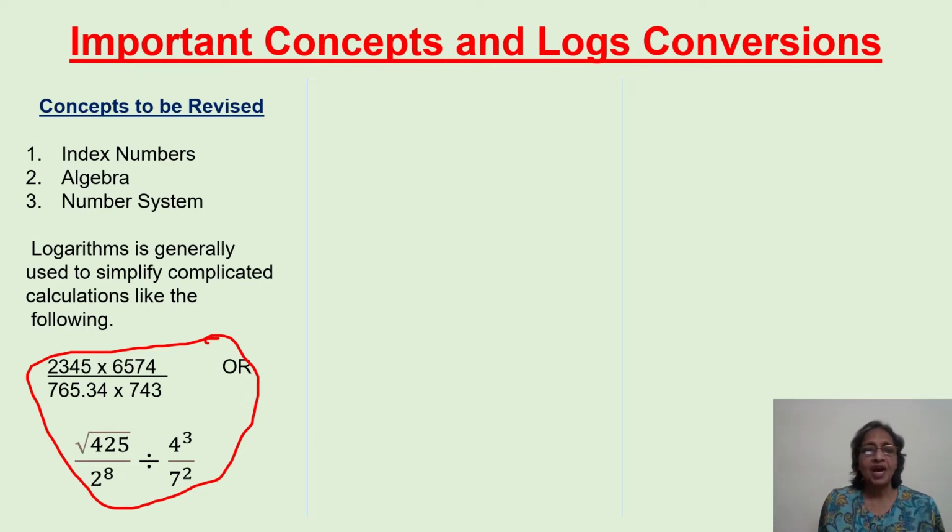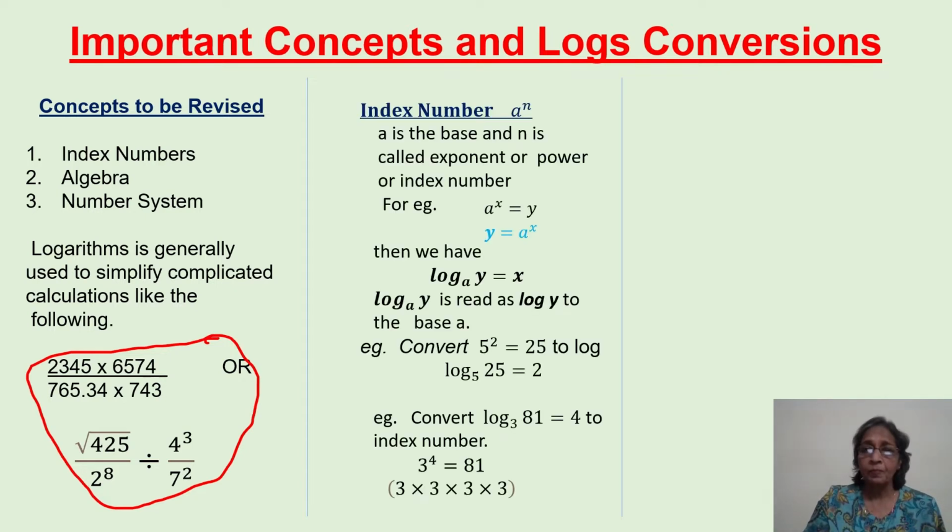Nowadays, of course, you have calculators and all that. But if you have to do it without the calculators, then we use logs to simplify such problems. The next thing that you need to know is index numbers. How index numbers and logs are related to each other is what I'm going to teach you in this part.